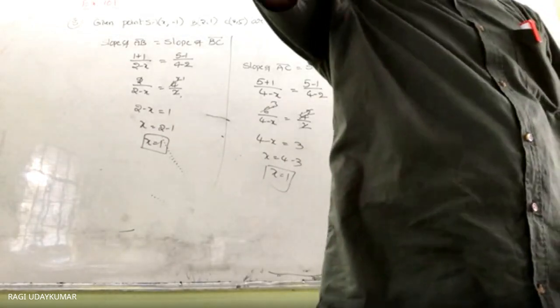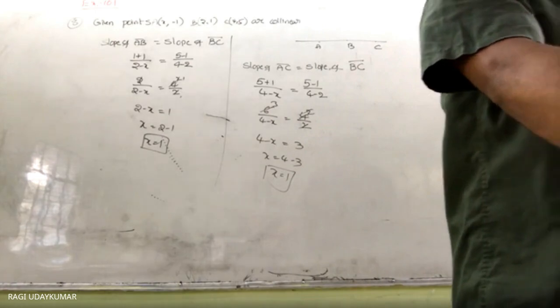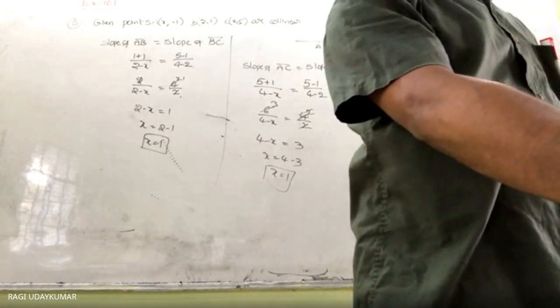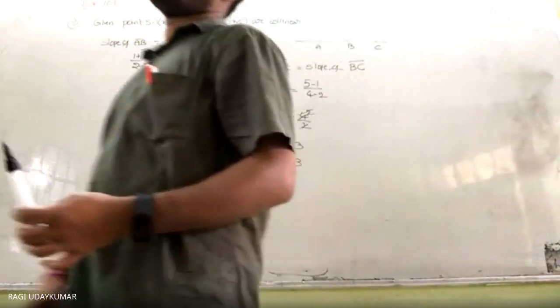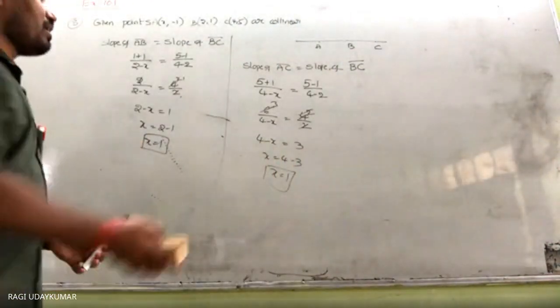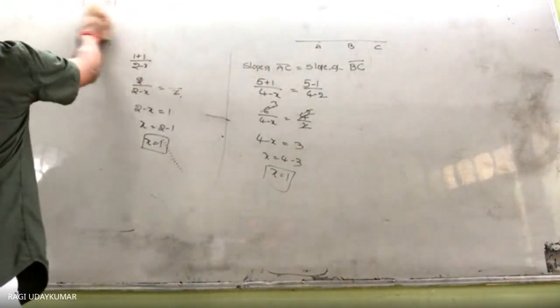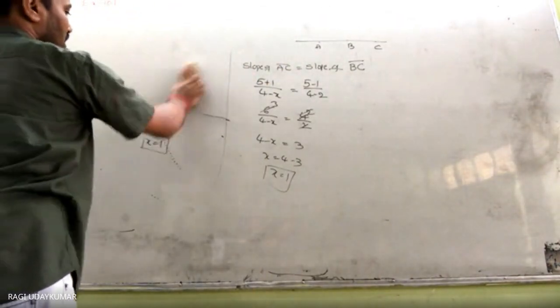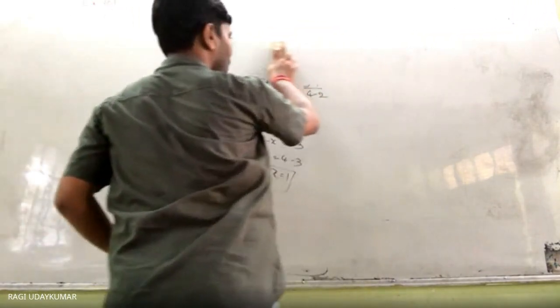See, without using the distance formula, show that these points are vertices of the parallelogram. How do you show that they form a parallelogram? What are the properties of a parallelogram?